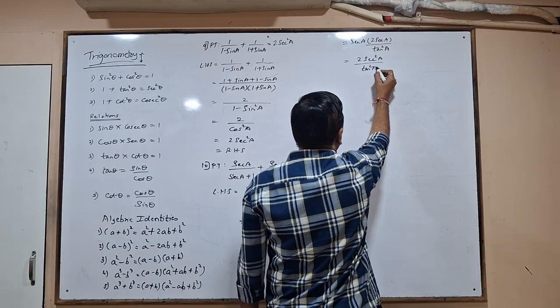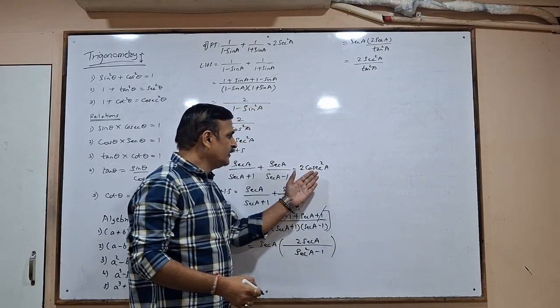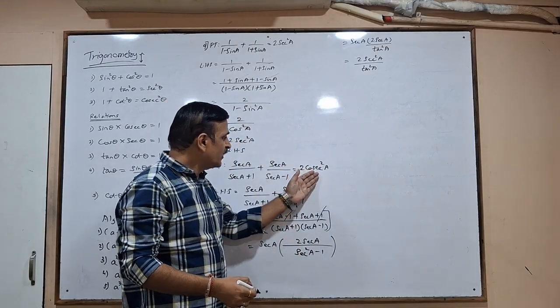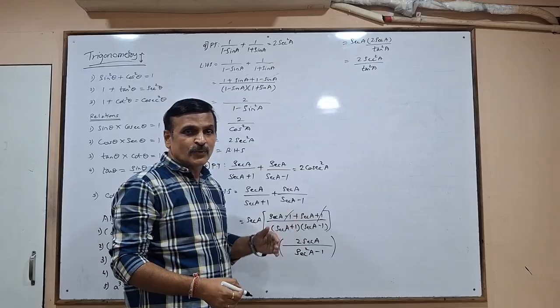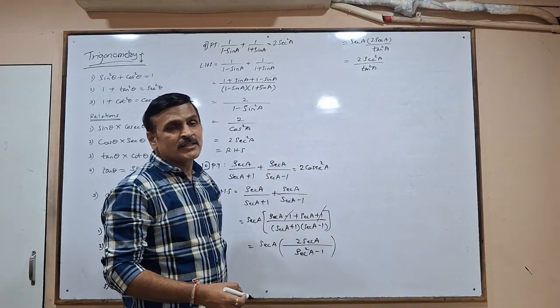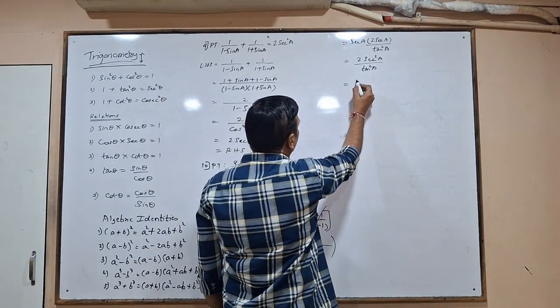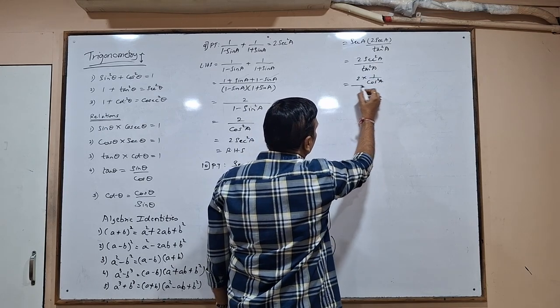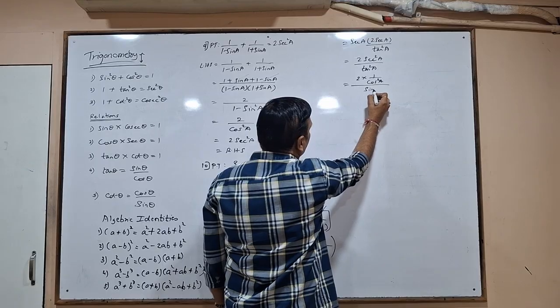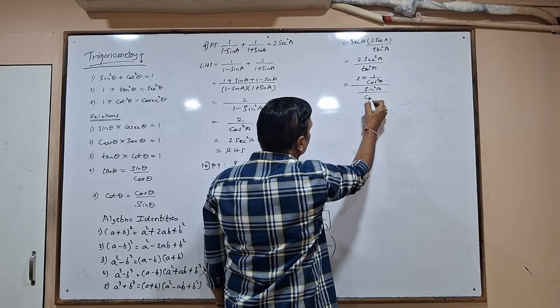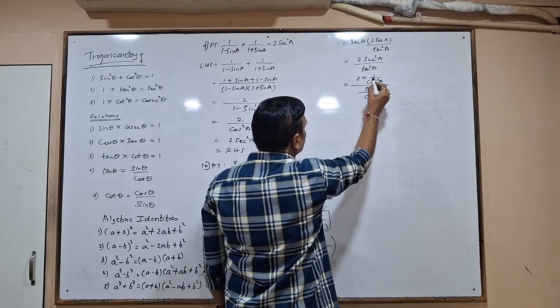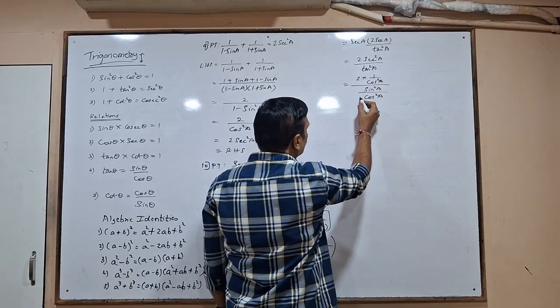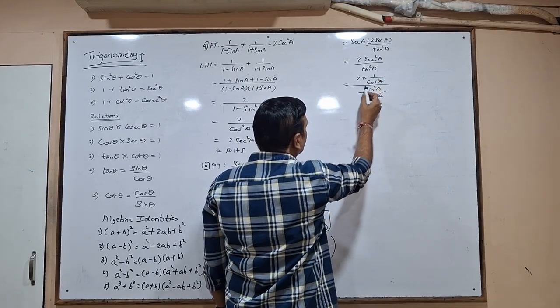upon tan square A. Now observe the right hand side, where there is cosec. Cosec square means 1 upon sine square. So to get that, obviously I'll convert everything to sine and cos. So 1 upon cos square A, upon sine square A upon cos square A. This is the denominator, this is the denominator, gets cancelled.